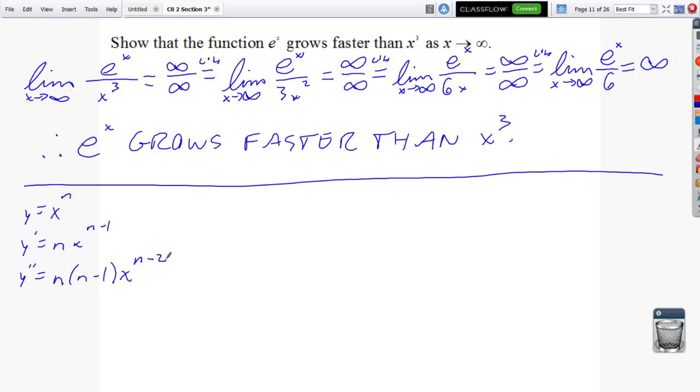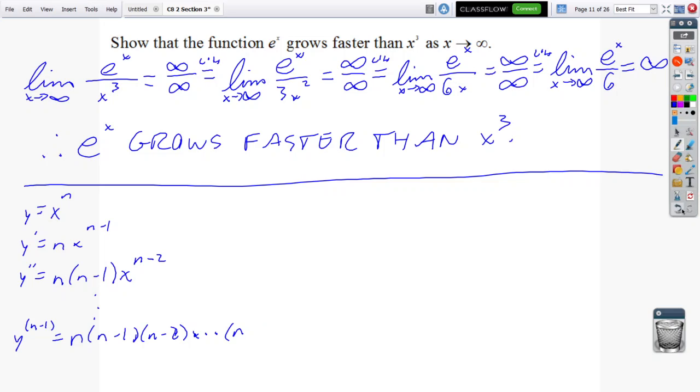We would have to keep doing this until whatever derivative we're on. The n minus 1th derivative would be equal to n times n minus 1, and so on, all the way down until we had just 1.